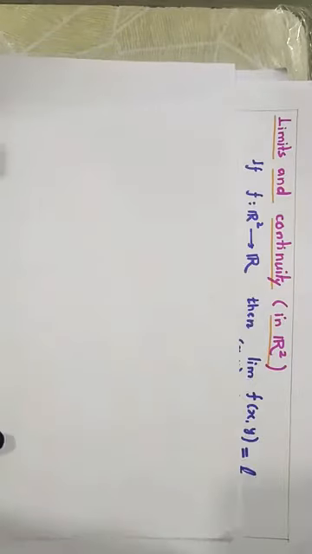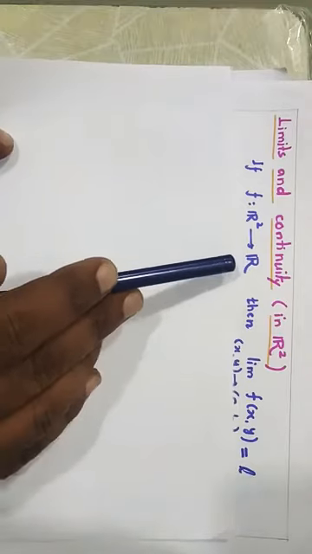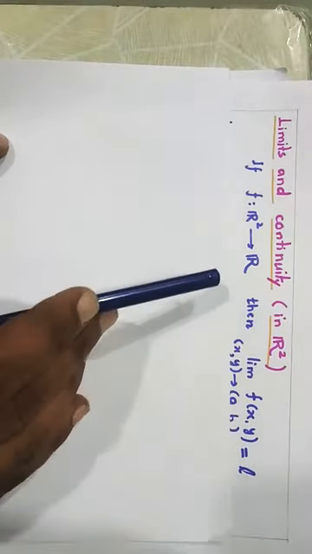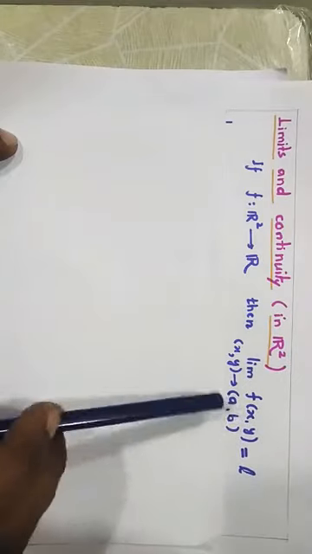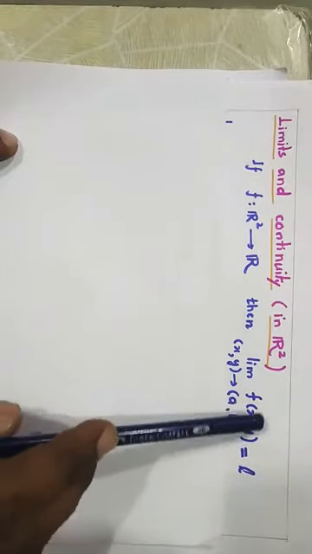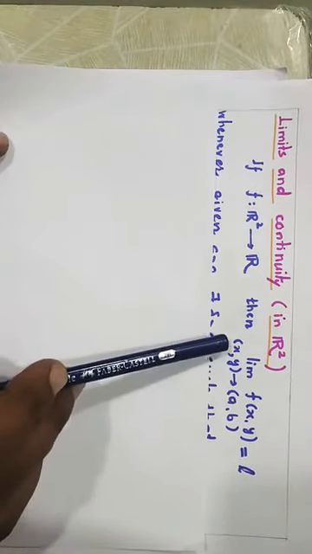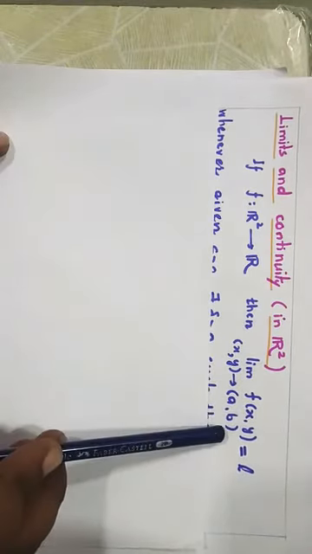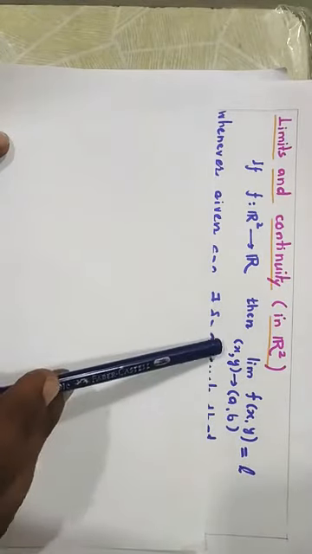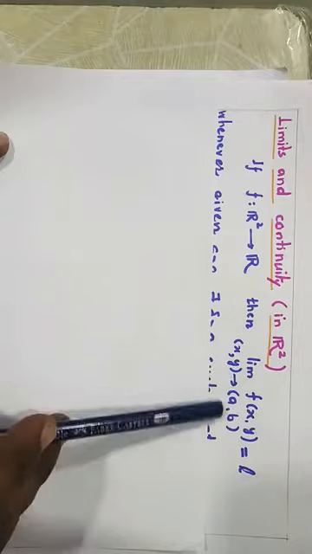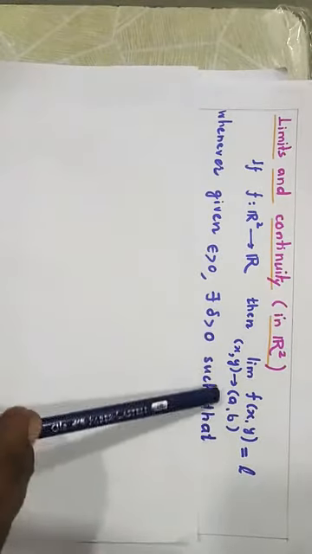So specifically, if we have f from R2 to R, a scalar valued function, then limit of f is equal to L can be written as limit of f of x, y, the ordered pair x, y in R2, whenever a point x comma y tends to a comma b. So instead of x tending to a, we are writing here x comma y. So here x comma y is a vector, tending to a fixed vector a, b. So this is the definition.